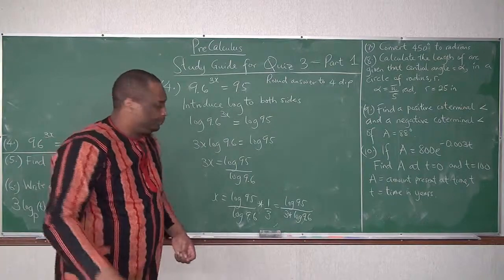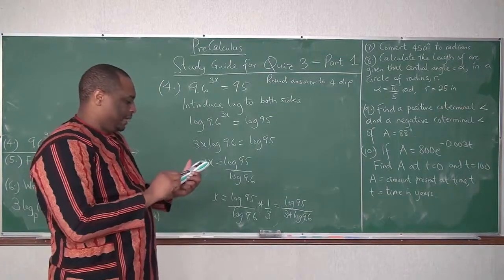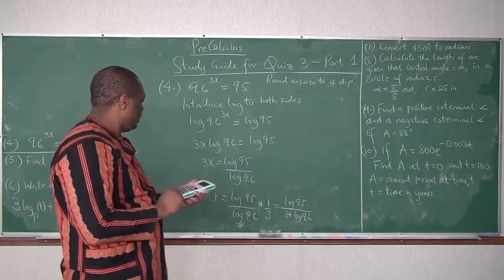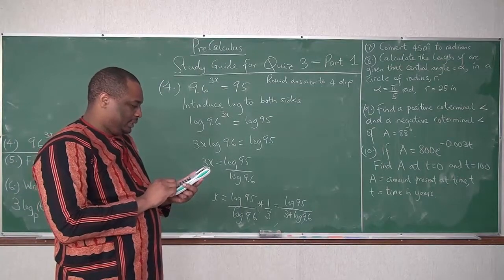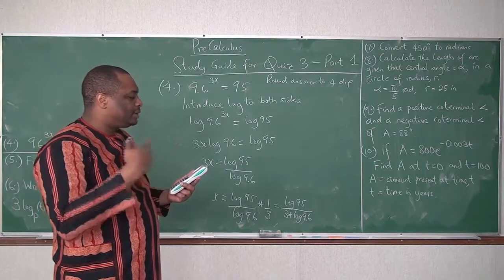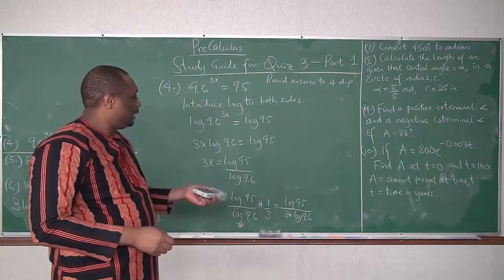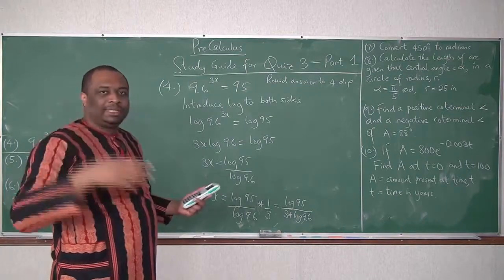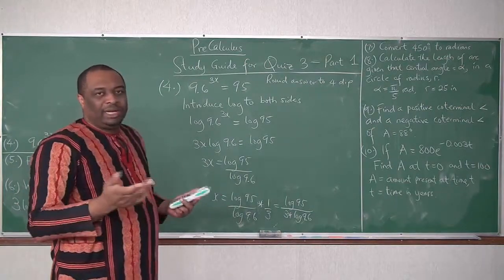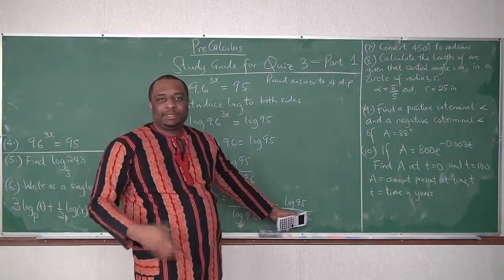Okay, so I'm going to use my calculator to do this. You have log 9.6 times 3. Now some calculators you can easily do that. You can just do 3 log 9.6 and it gives you the answer. Some calculators you have to put 3 times.